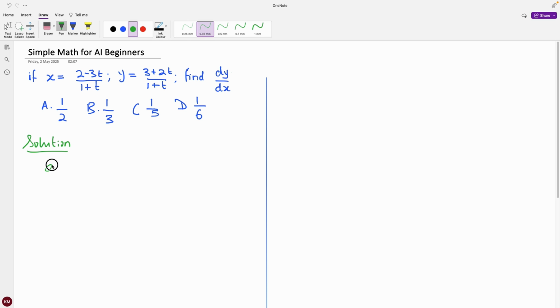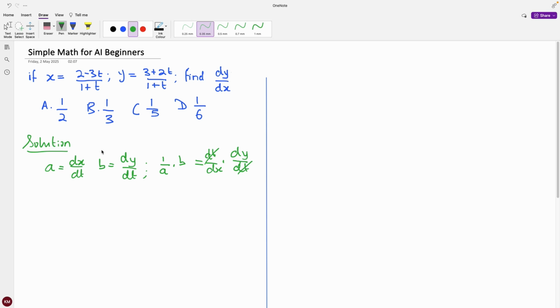Let's assume that a is equal to dx by dt, and b is equal to dy by dt. What it means is that 1 over a dot b is going to give us dt by dx dot dy by dt, and if we cancel out the dt, we now have dy by dx.